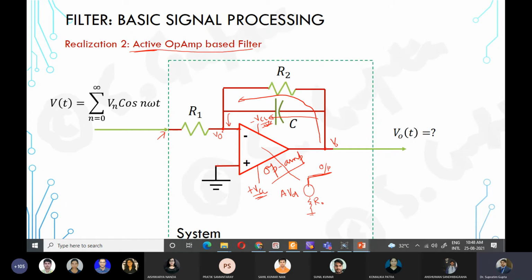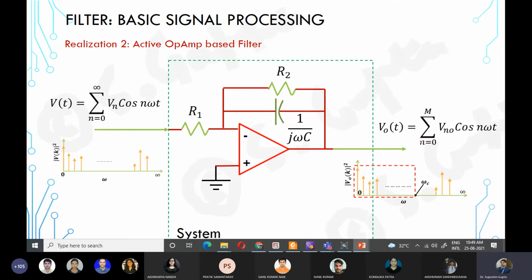Now if we apply KCL at this point, there is no current in this direction, so the only currents will be in these directions, and these two will sum to 0 as per KCL. And we can find what the output voltage is in that case.